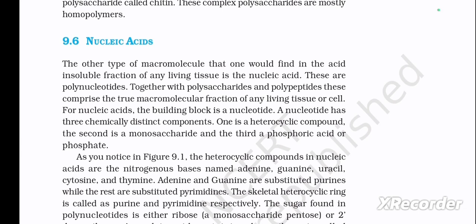For nucleic acids, the building block is a nucleotide. A nucleotide has three chemically distinct components. One is a heterocyclic compound, the second is a monosaccharide, and the third a phosphoric acid or phosphate.